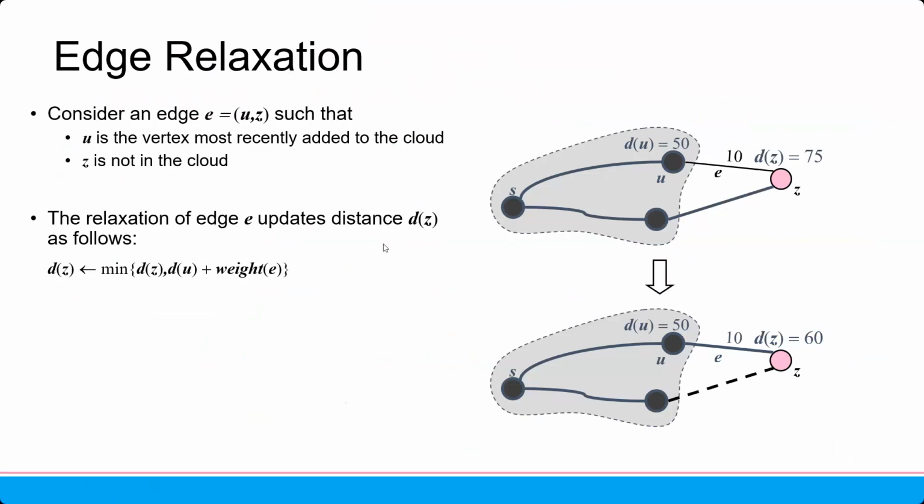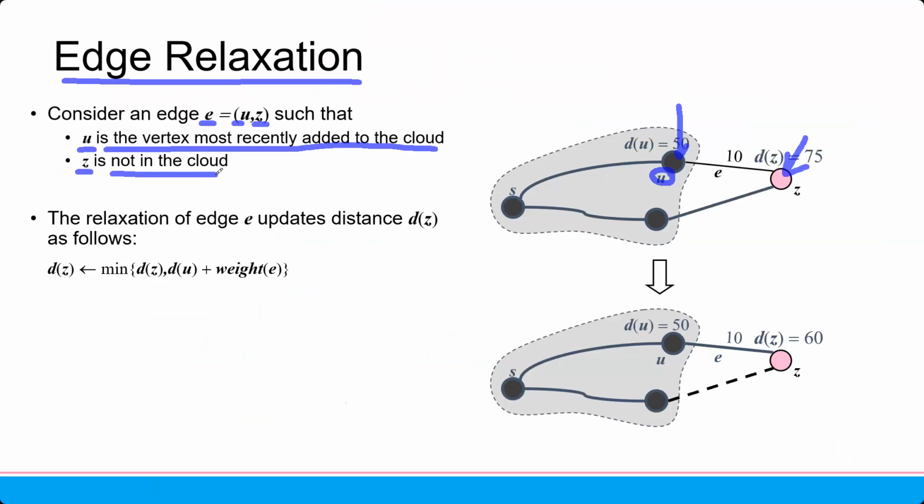There is one concept in Dijkstra, we call it edge relaxation. Edge relaxation means if we have an edge from u to z, where u is the vertex most recently added to the cloud, so it means u is the vertex that recently has been calculated, we are going to check z, which is not in the cloud.